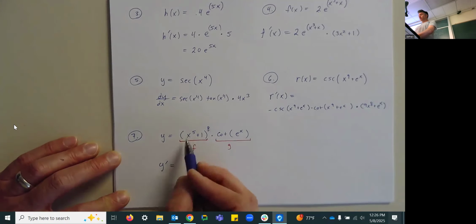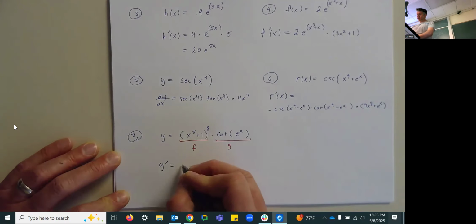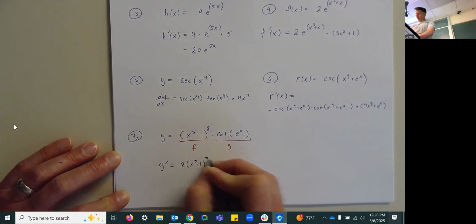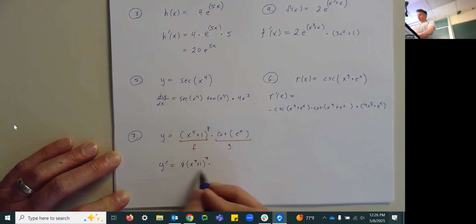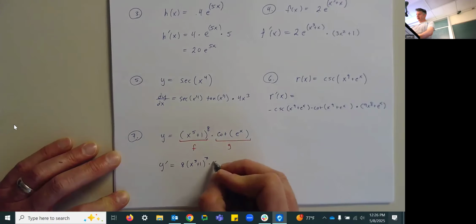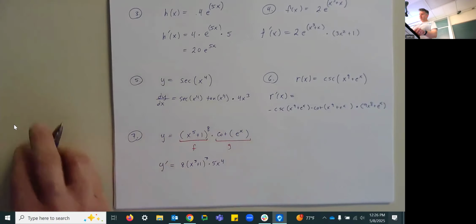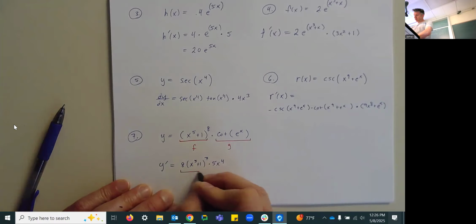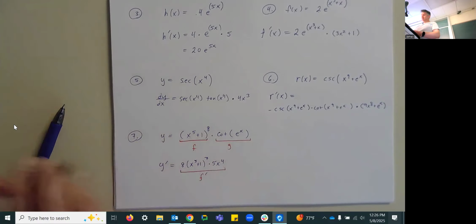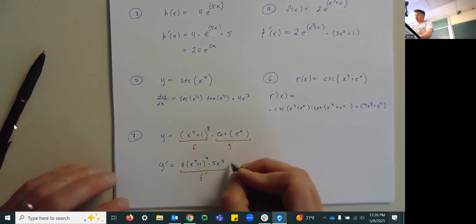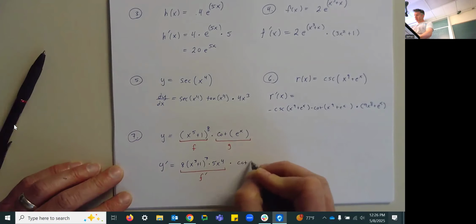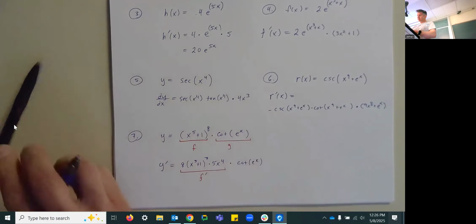I have some stuff to the 8th power. My derivative is going to be 8 times that stuff to the 7th power times the derivative of the inside stuff, which is 5x to the 4th. There's my derivative of f. And then we still have to multiply it by g, which is just cotangent of e to the x.